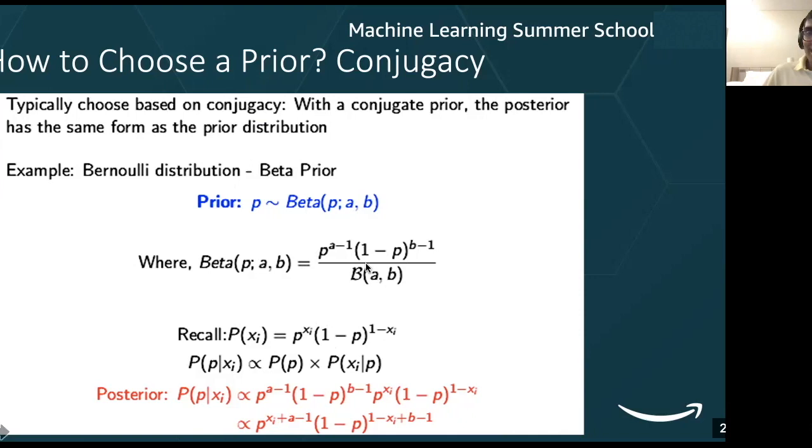So for the coin toss problem, once again, we assume P to follow a beta distribution, which is characterized by this expression here. And then recall that we have the likelihood, which is given by this particular expression for the likelihood for the ith trial.